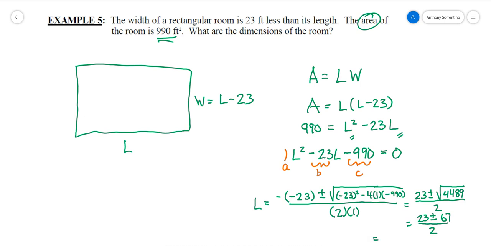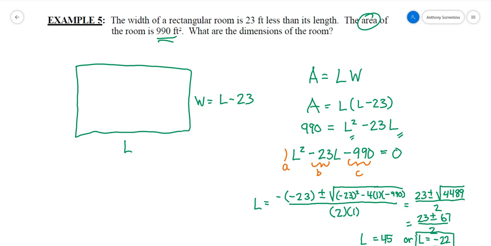And so 23 plus 67 is 90, over 2 is 45. Or 23 minus 67 is negative 44, which is negative 22. Now, I get two solutions here. Obviously, this one does not make sense, because I can't have a negative length.